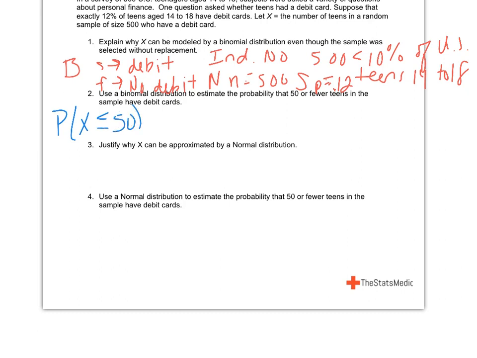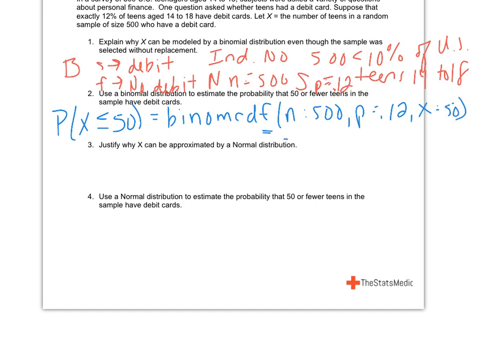Since I am looking for 50 or less, not exactly 50, I'm going to use the CDF function on my calculator, not the PDF. My N is 500, my probability is 0.12, and my X is 50, which is going to give me a 0.093 probability.